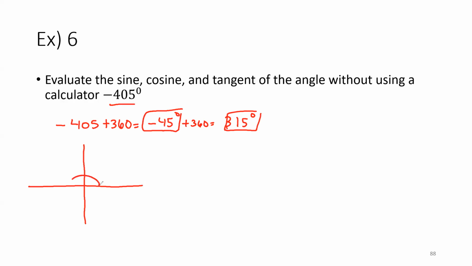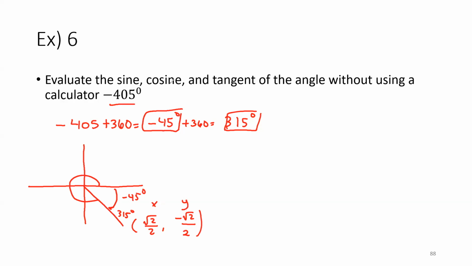Positive 315 is right here, and then negative 45 is right here. They give you the same position. So it's your choice. You can go negative 45, or you can keep on adding 360 until you get a positive degree. And it gives you a coordinate with an x coordinate of radical 2 over 2, and a y coordinate of negative radical 2 over 2. Okay?